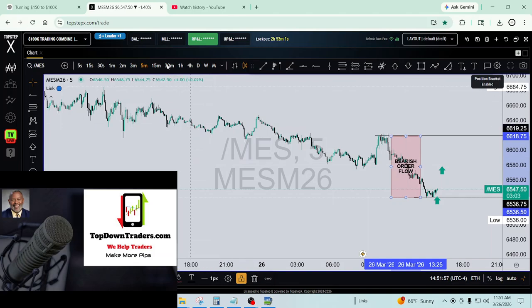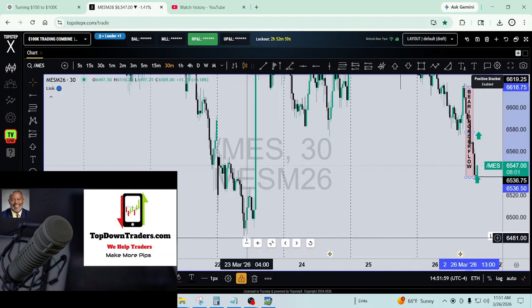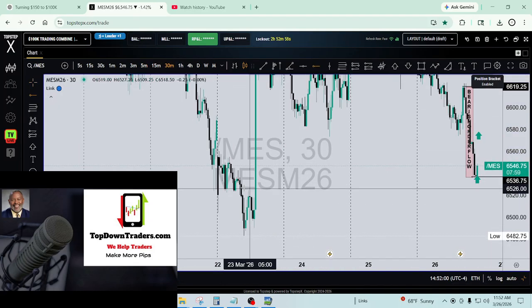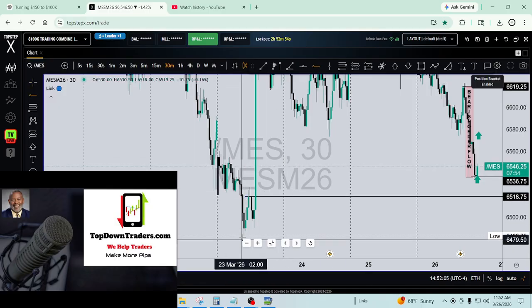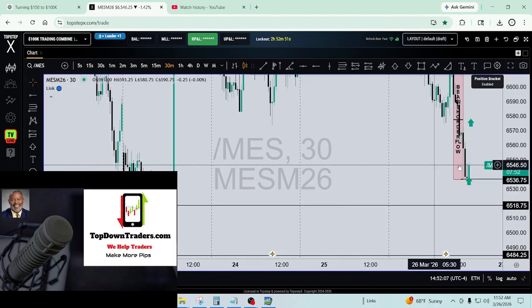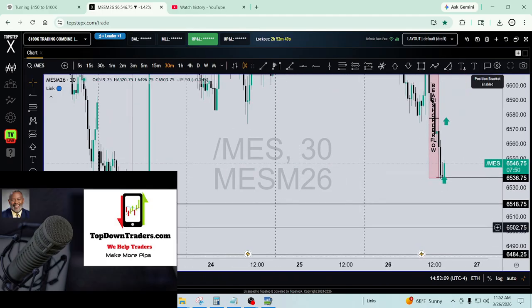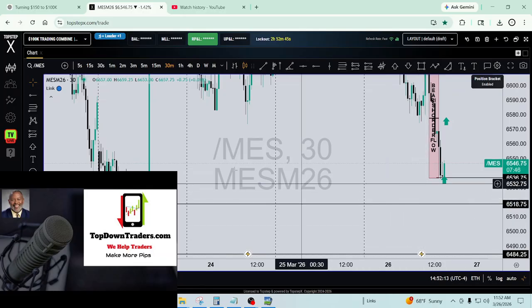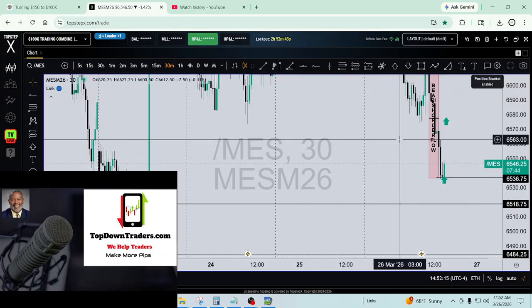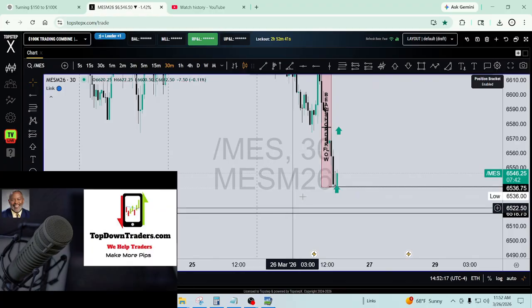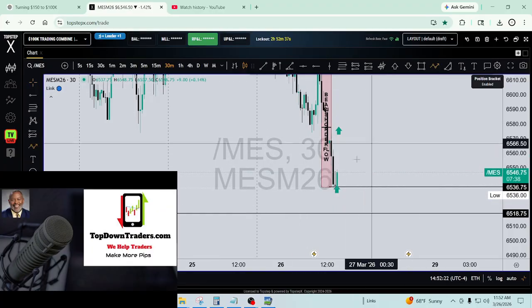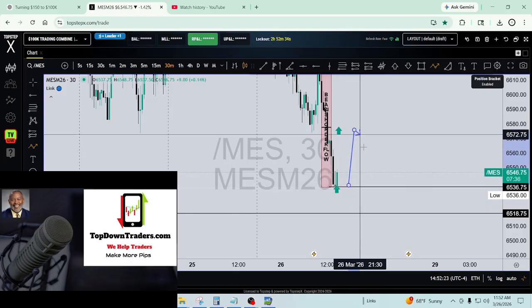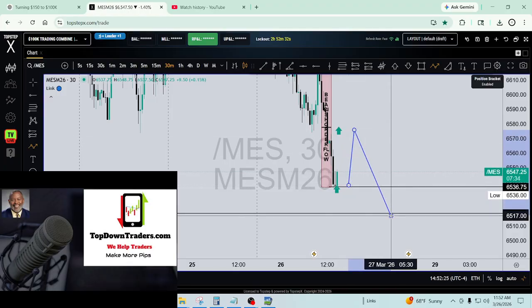Then I'll check the higher time frames too. There is a downside potential here to here, and maybe that's what they're looking for. They're probably looking down here for these targets. But because of the time of day, I would anticipate this, something like that.